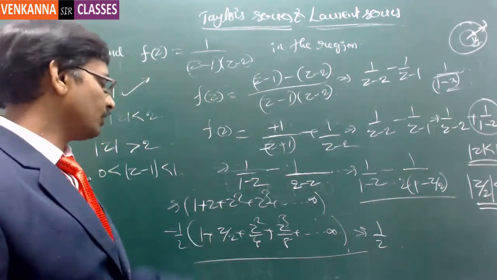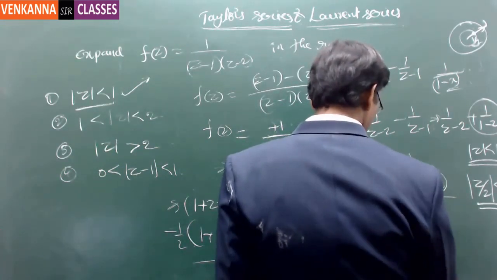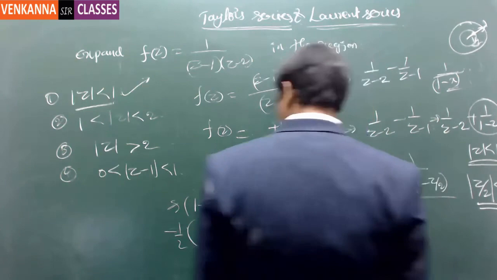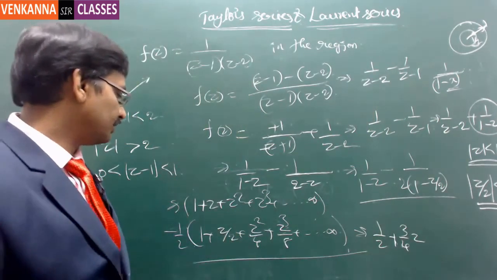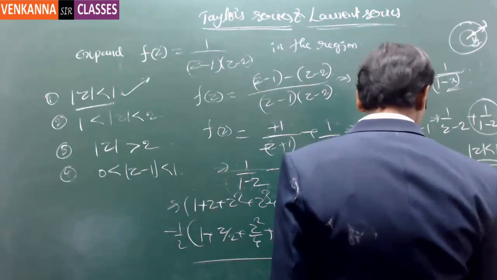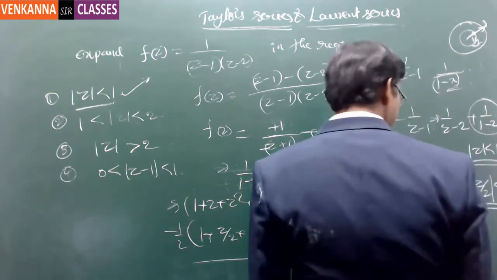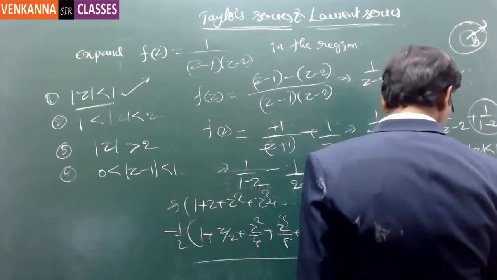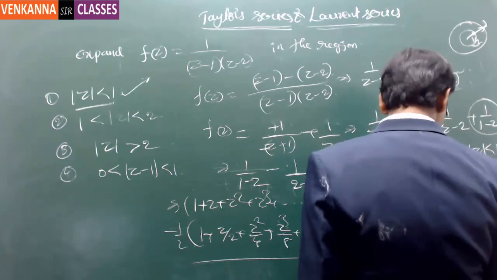Sorry, 1 minus 1 by 4, that is 3 by 4 times z, then z square and then minus 1 by 8. So this is plus 7 by 8 times of z square plus 15 by 16 times of z cube plus dash dash dash up to infinity.